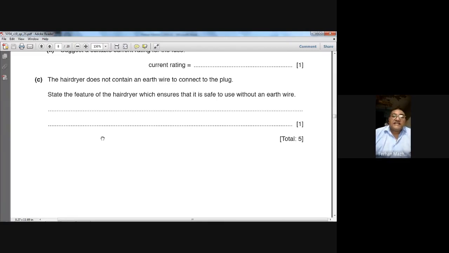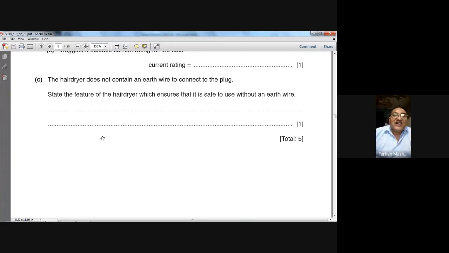If an appliance is safe to use without an earth wire, one reason can be that it has double insulation. And what does double insulation mean? It means that the body of that appliance is made of plastic.